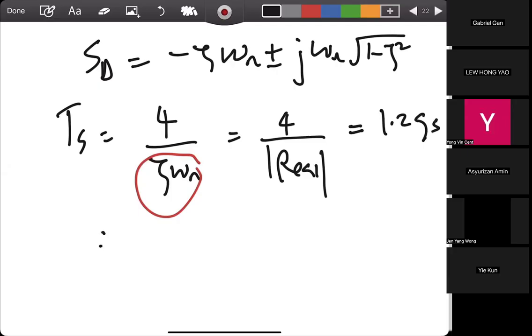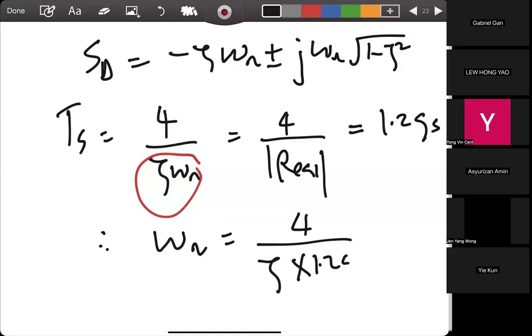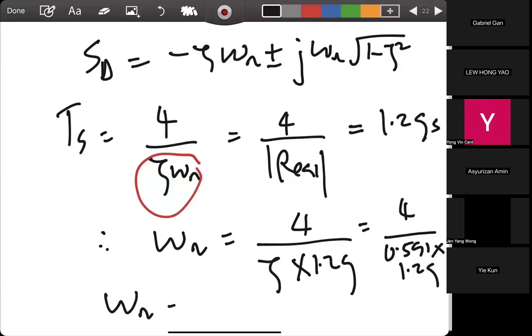So omega n is equal to 4 divided by zeta multiplied by 1.29, which is 4 divided by 0.591 multiplied by 1.29. Anis, help me. 5.24, doctor. 5.24. Correct.